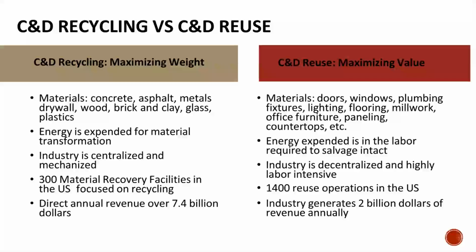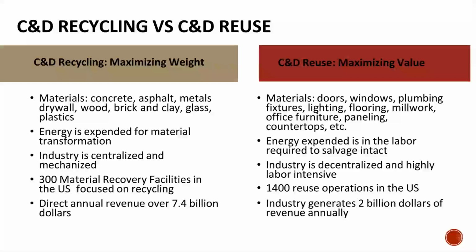Now, compare that to entities like Construction Junction, and a lot of you have probably interacted with other building material reuse organizations. Hopefully you've got one near you. We're really dealing with building material components: doors, windows, plumbing fixtures. Our energy is expended in the labor to extract this material.